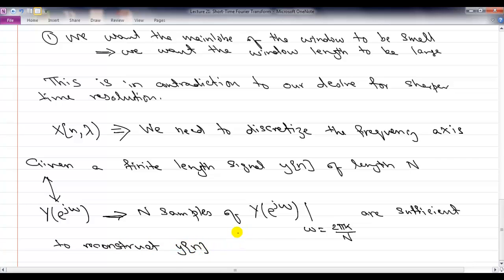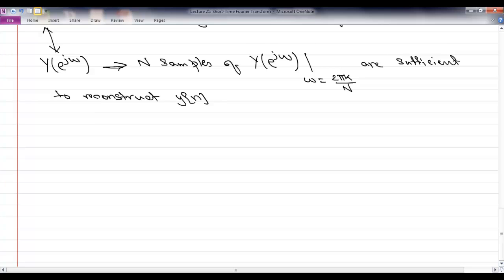And these N samples are simply given by the DFT expression. So we already know that fact.